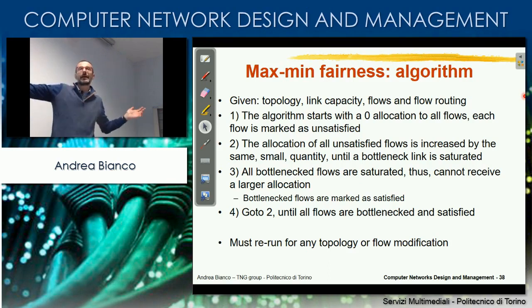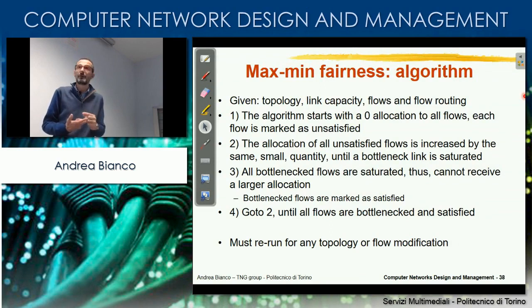Well, it happens, but very, very rarely, right? You don't change the transceiver on a link very quickly, very often. A fault means that one link disappears, so you have to change the routing. One flow leaves, or a new flow comes in. You have to recompute everything.